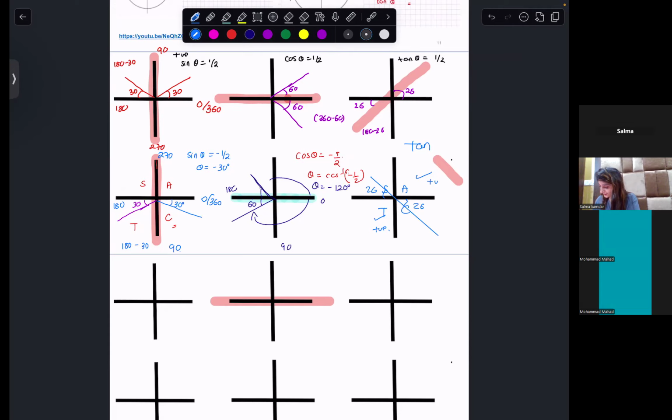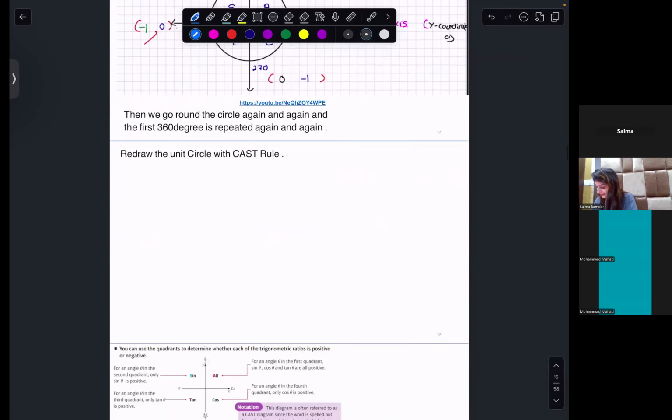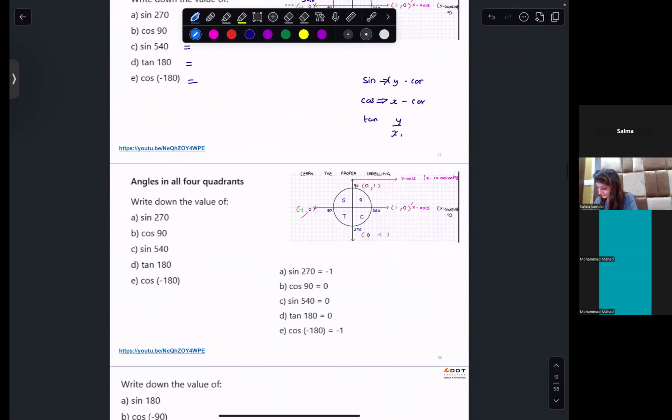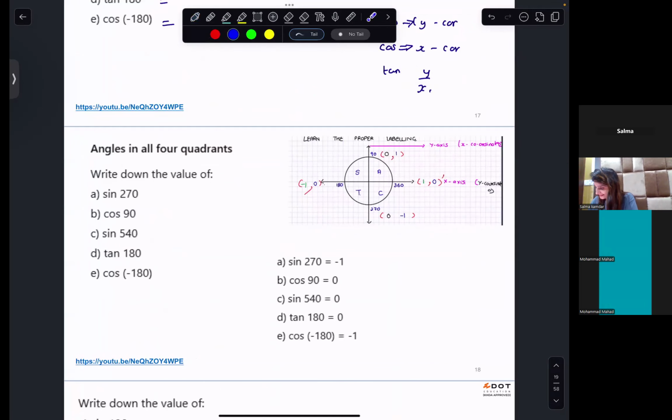let's try to do this. What did we leave? Cos minus 180.